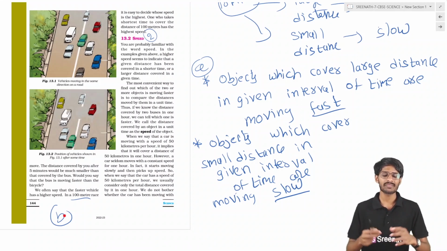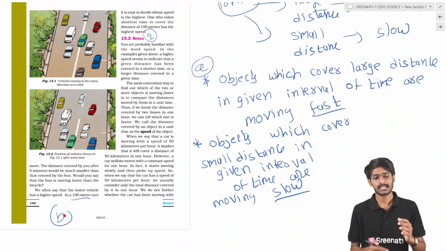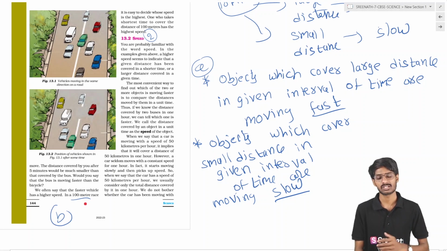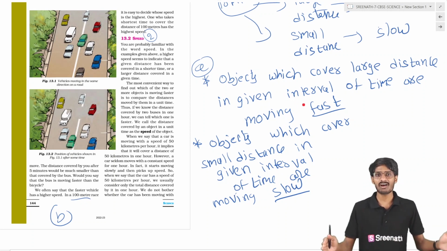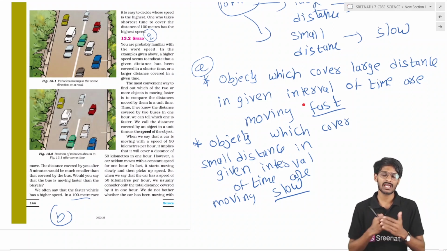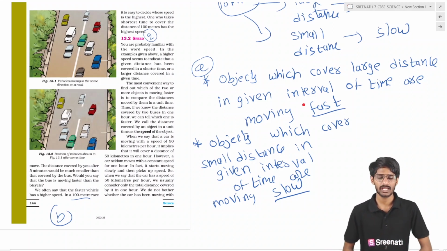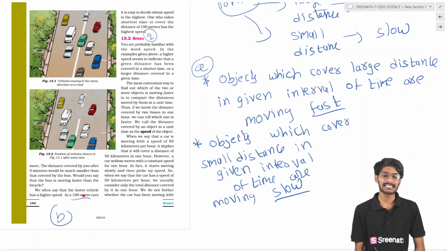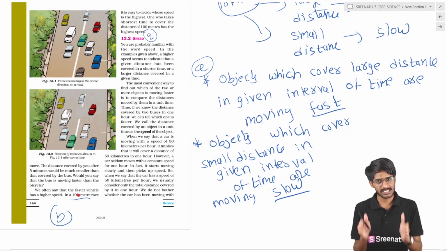On that occasion, if you see there is a 100 meters running race, in that case the distance is fixed. Here we have said that whichever covers the large distance in the given interval of time has the speed. But in this case it is 100 meters, so distance is fixed.